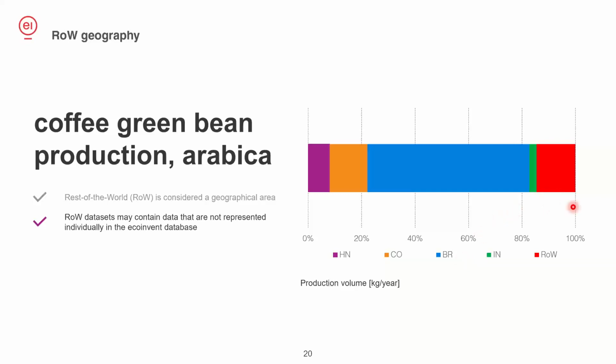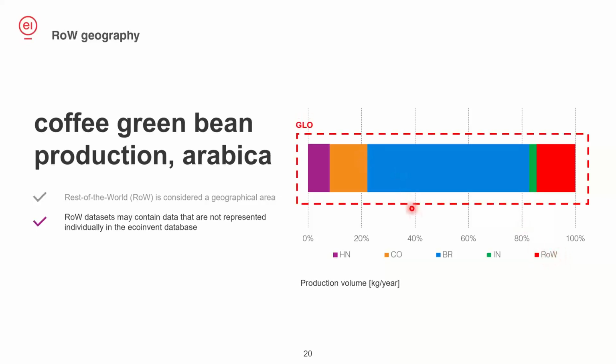The rest 15% of the global production is modeled with this rest of the world. So the rest of the world is this difference from the global production to subtract the individual datasets that are specifically modeled in ecoinvent.